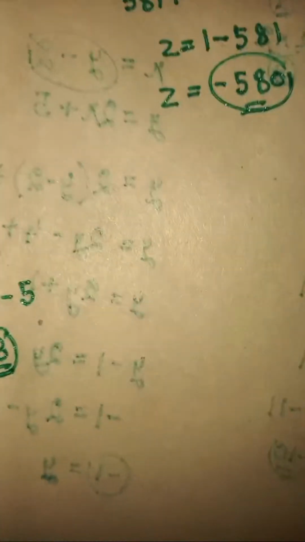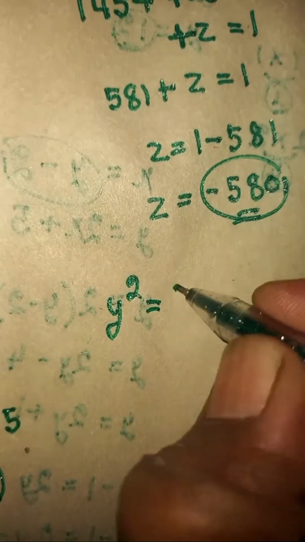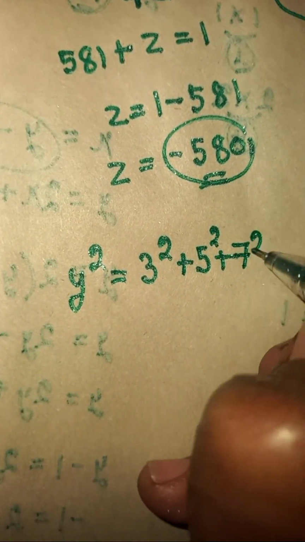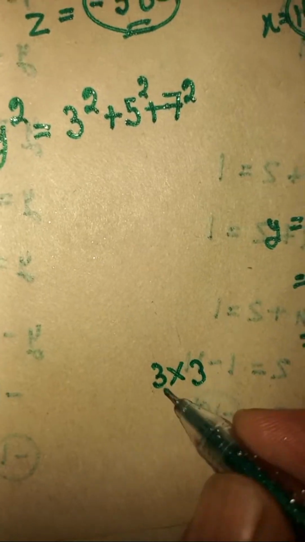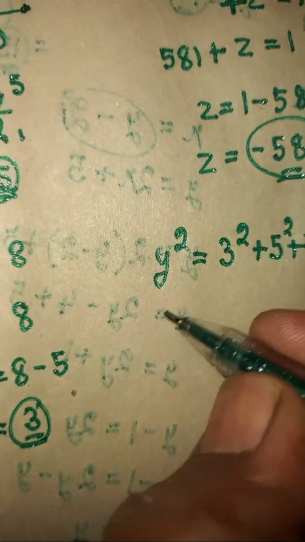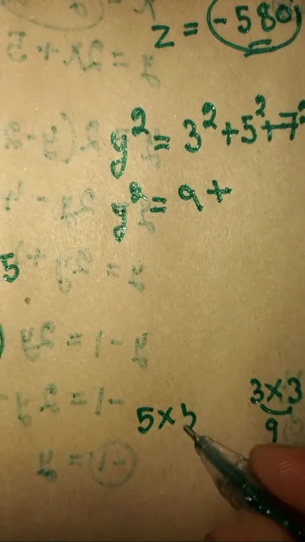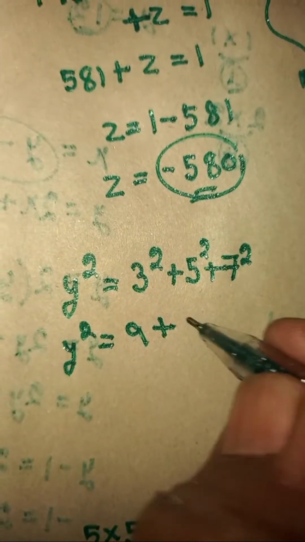Let's take one more equation. Here I talk about y square. y square equal to 3 square plus 5 square plus 7 square. Now you can do it yourself. 3 square means 3 times 3, which is 9. So y square equal to 9 plus 5 square, which means 5 times 5, which is 25.